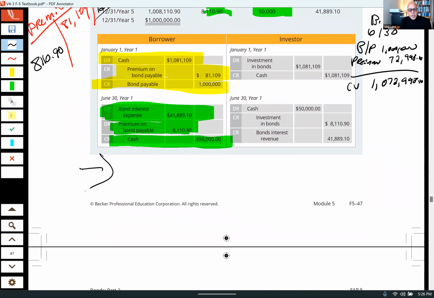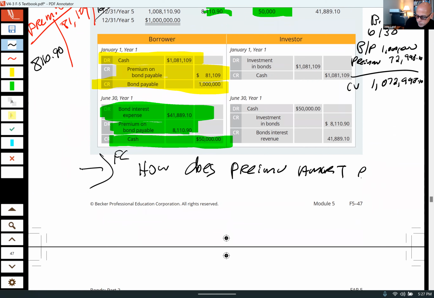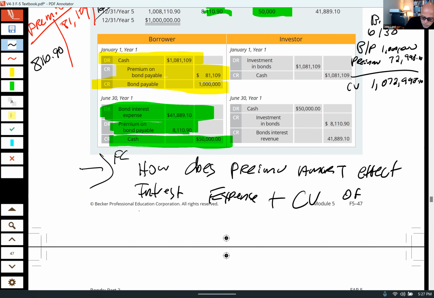Okay, and this flashcard is going to say, how does premium amortization affect interest expense and CV, carrying value, of a bond?